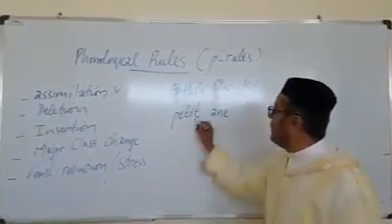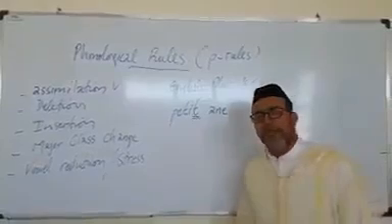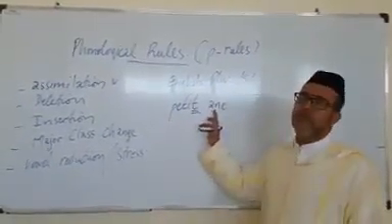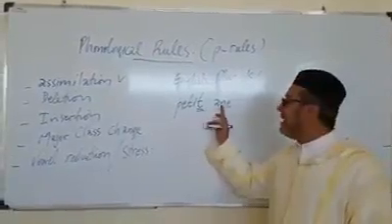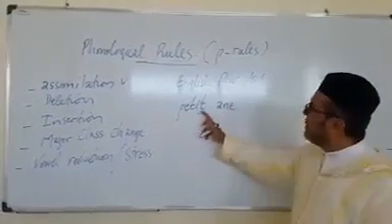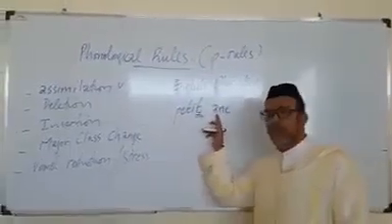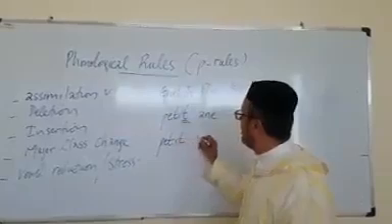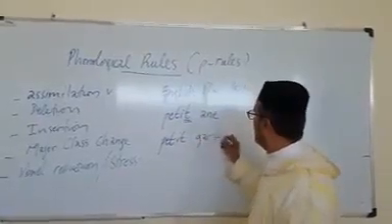Now this consonant is deleted when the following word begins with a consonant. It is not deleted when the following word begins with a vowel. So we would say, for example, petit garçon.